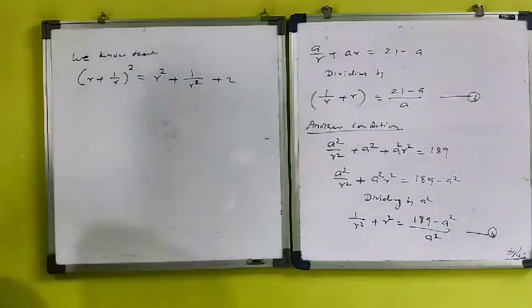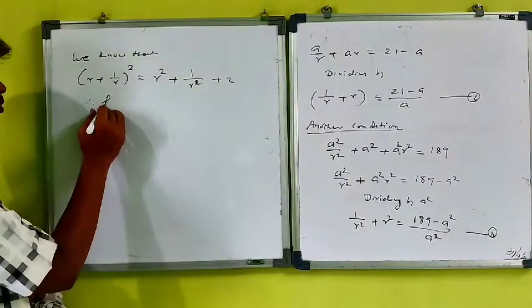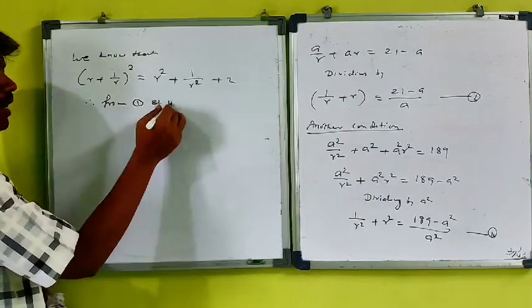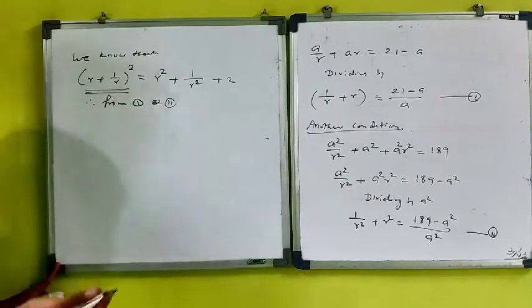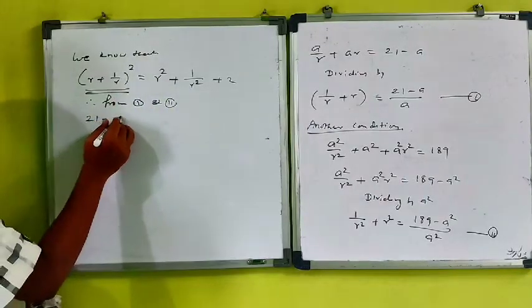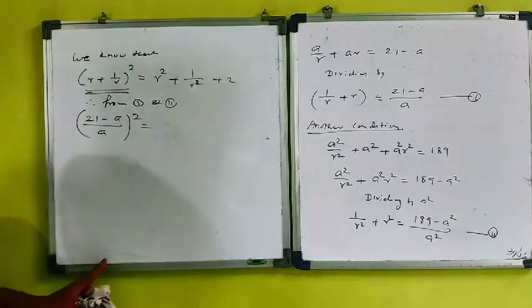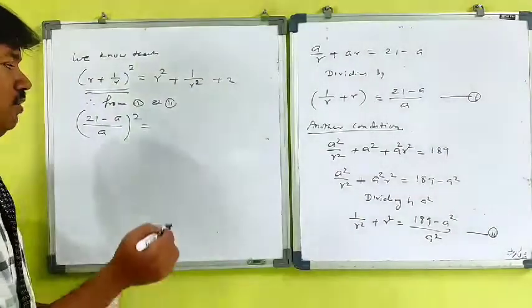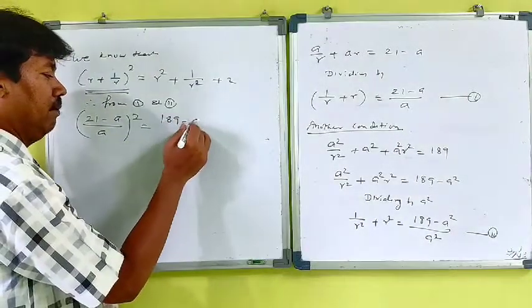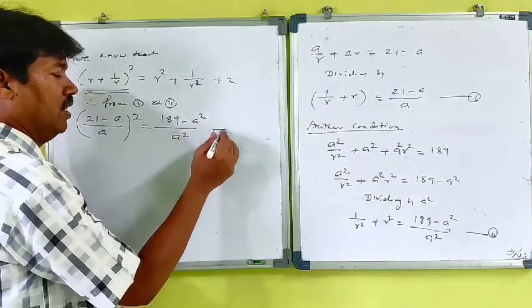So put the values in this. Therefore, from 1 and 2, the value of R plus 1 upon R is 21 minus A upon A, the whole square, and the R square plus 1 upon R square value is 189 minus A square upon A square.